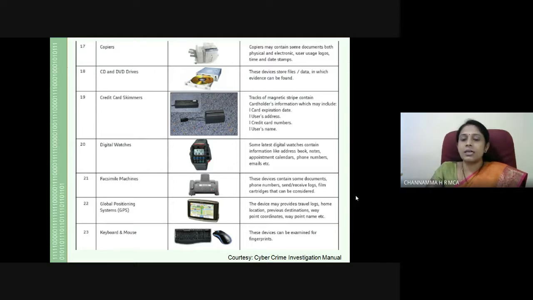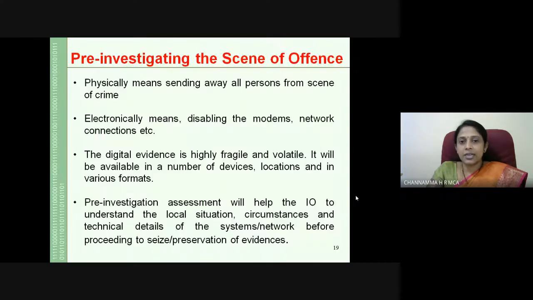All these are digital devices where digital evidence can be obtained. When we find all these digital devices at a scene of crime, it is the responsibility of the investigating officer to seize all the devices in the proper manner.